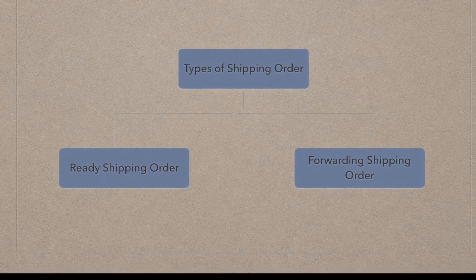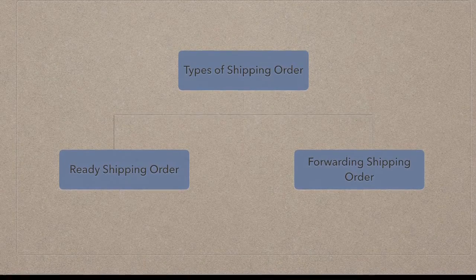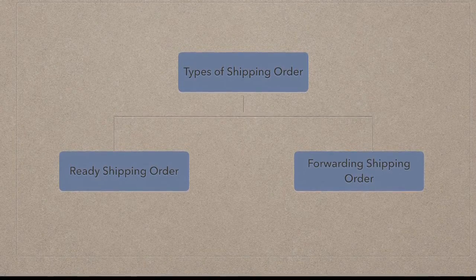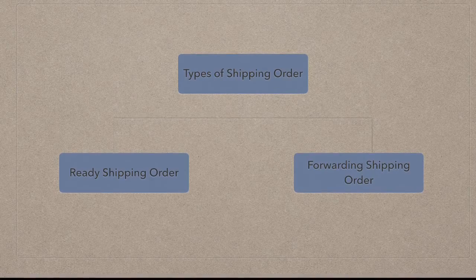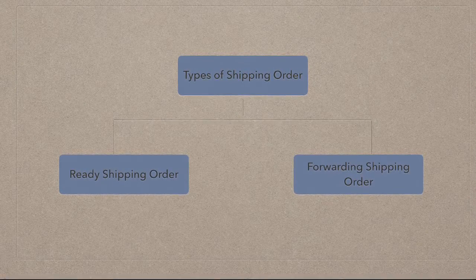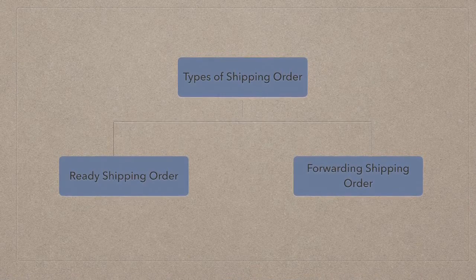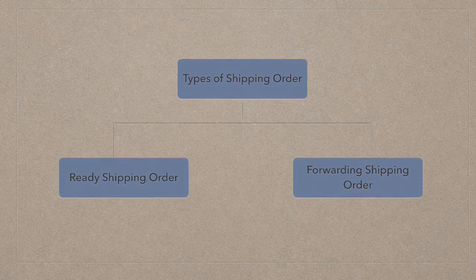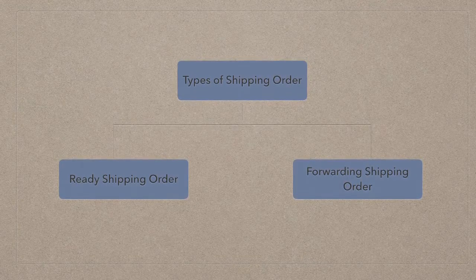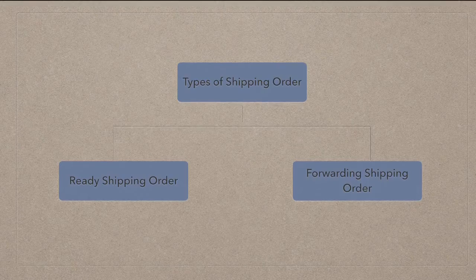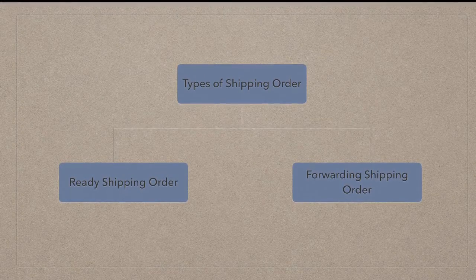The next type is forwarding shipping order, whereby the date of departure is given but the name of the ship is not given in the shipping order. The exporter comes to know about the name of the ship on the date of departure.